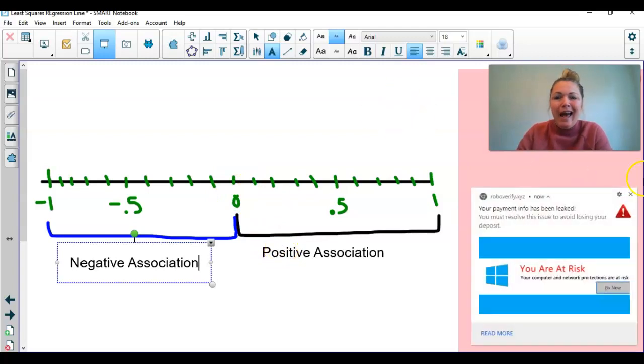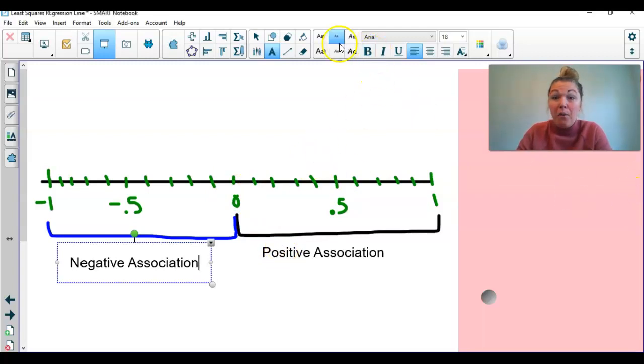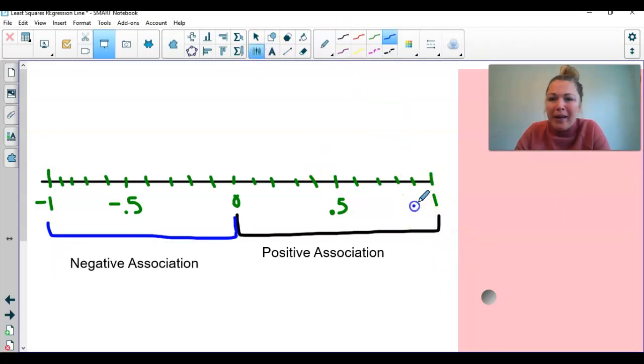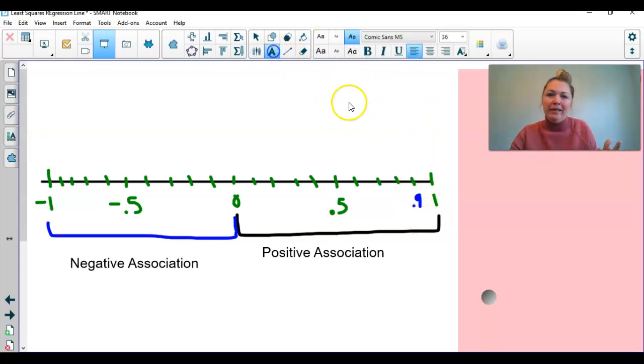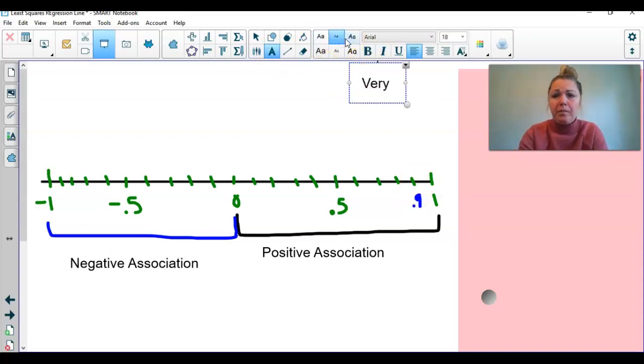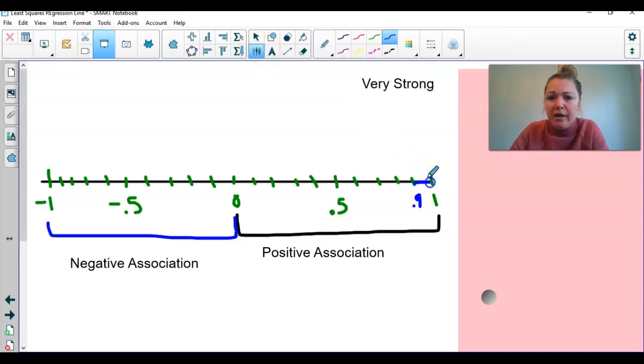Okay, next, how do I decide what is a strong relationship? I like to use 0.9 as the cutoff to say, if I have anything from 0.9 to 1, I have a very strong relationship. So this area right here, I'm going to say is very strong.